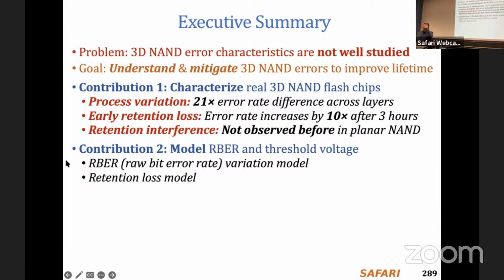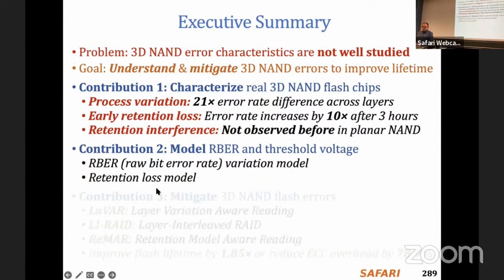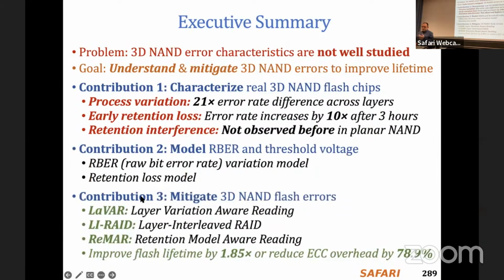The second contribution is that we model raw bit error rate and threshold voltage similar to other works. And then we design some mitigation techniques like layer variation aware reading, this one LI-RAID, which is layer-interleaved RAID, and ReMAR, which is retention model aware reading.